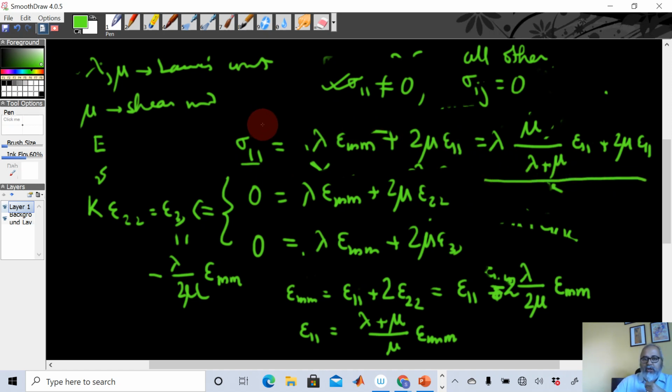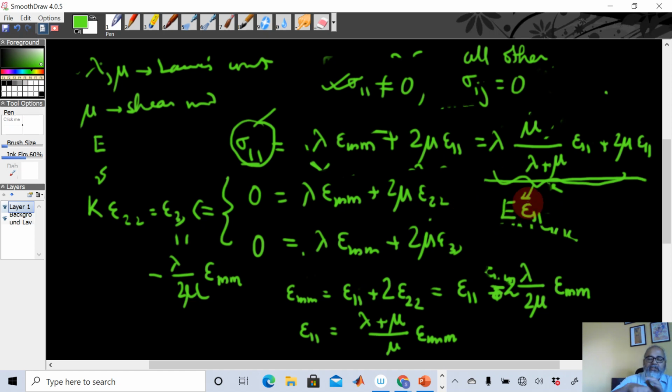So if you can do a test where you are pretty sure that you are only applying sigma 11 and all other components are equal to 0, then you can measure the stress sigma 11 and the strain in the same direction, epsilon 11, and the ratio between them will give you a constant that leads you to the Young's modulus.